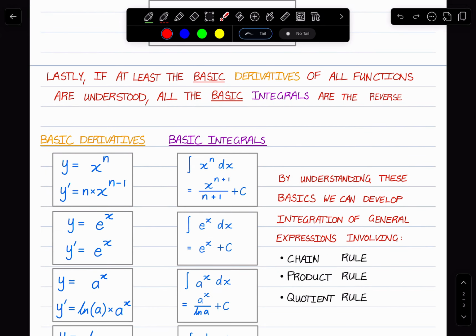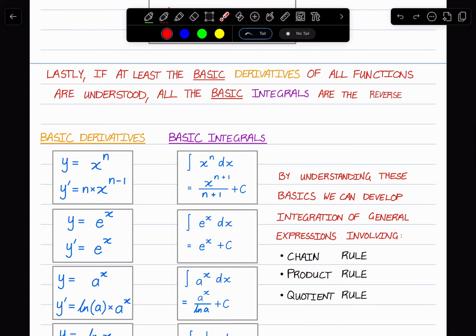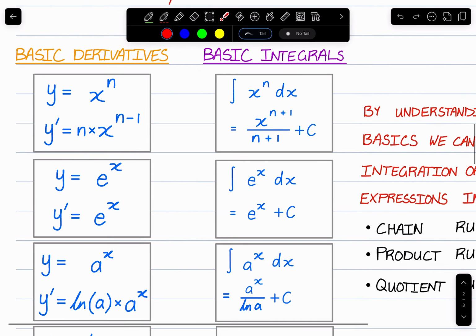Now, lastly, if at least the basic derivatives of all the functions are understood, well, all of the basic integrals are simply the reverse of that. So take a close look. If you remember the power rule, we bring the power down, minus by 1. For the integral, we increase the power by 1, then we divide by the new power.